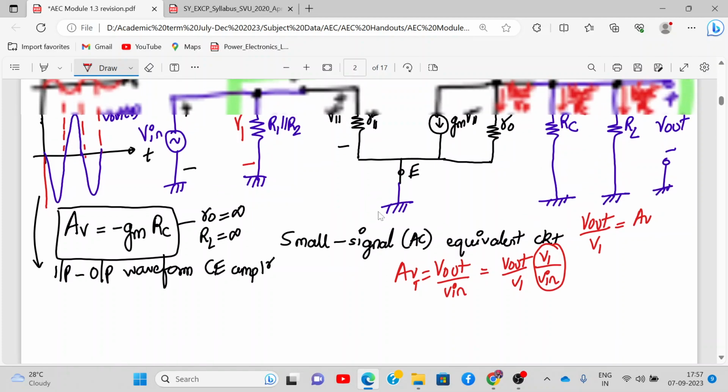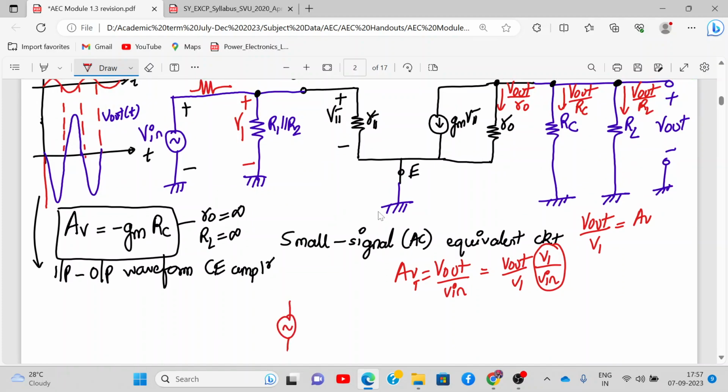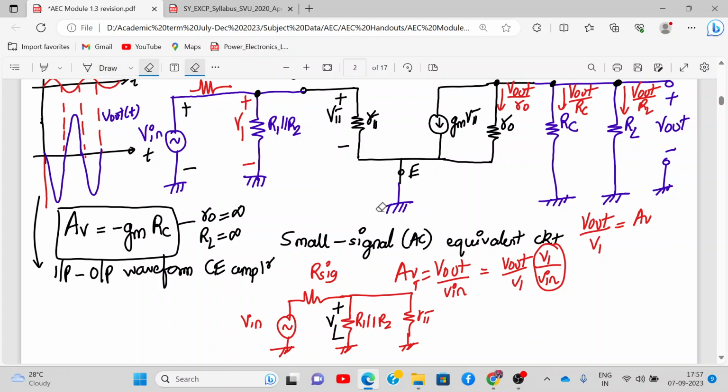Now how will I calculate this? Let me draw it over here. V in, this is RSIG, present in the circuit. This is R1 parallel to R2, and here we have R pi also. What is this voltage called? This voltage is V1. Now tell me what is V1 in terms of V in. Voltage division rule, right?